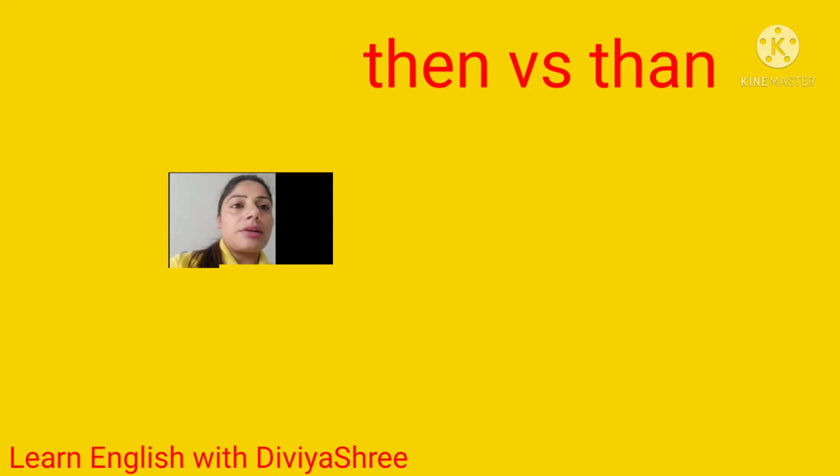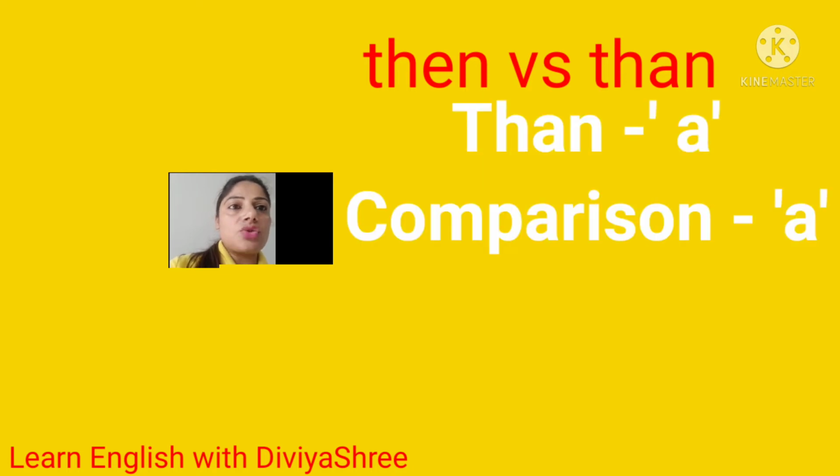In "than" there is an A, and in "then" there is an E. Here is the trick: "than" is used for comparison, and both "than" and "comparison" have the letter A in their spellings.